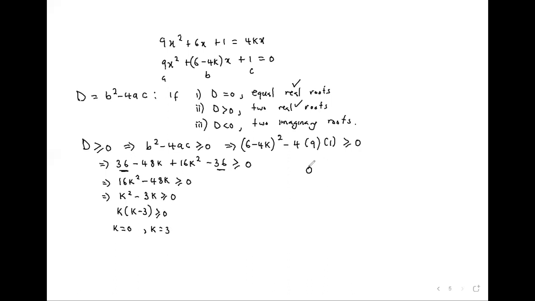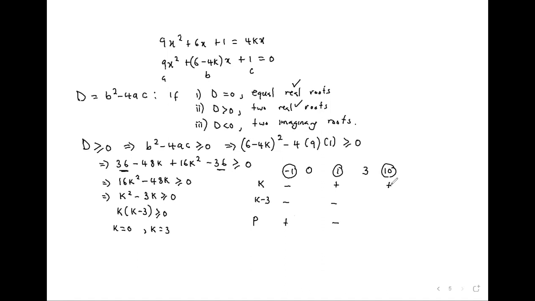Then test. Pick 1 here, pick 10 here, and pick -1 here. Then you have k and k minus 3 and the product. Negative, if you substitute -1 where there's k. Negative, if you add 2 negatives. Positive, if you multiply the 2. If you take 1 where there's k, negative, if you have 1 minus 3, negative.